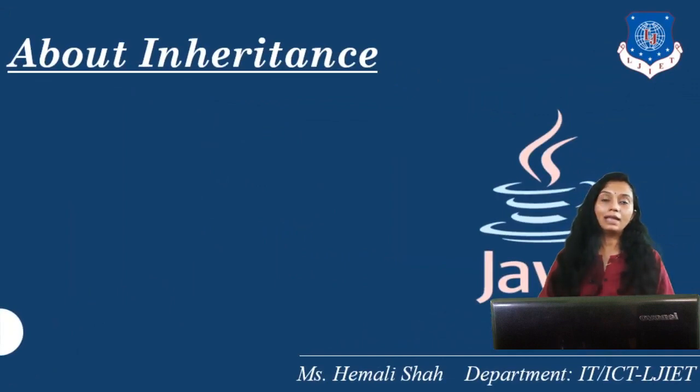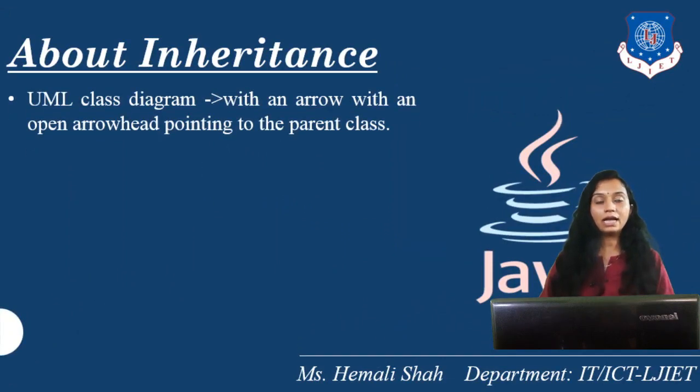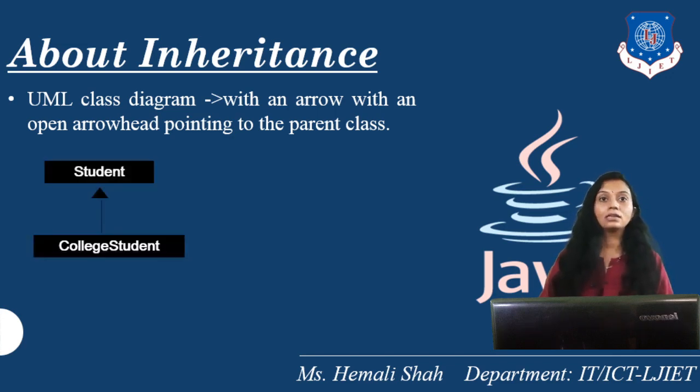Now let's talk more about this inheritance, the UML notation, that is Unified Modeling Language notation. The symbol is an arrow, and the arrow with an open arrow head points to the parent class. Here the student is a parent class and the arrow head is with the parent class, and on the arrow end you write the newly created class, college student.